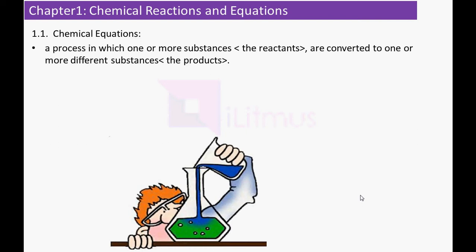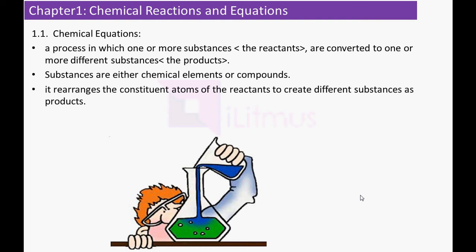Right side we present all those which are products. Substances are either chemical elements or compounds. So you can mix two different elements and they can become a compound, or you can have an element plus compound making another compound. Or sometimes decomposition reactions, which we'll understand later, in which a compound converts into elements.